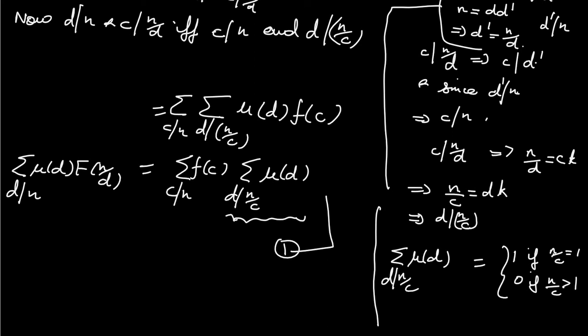Why? Because we have this relation: the summation of mu of d, where d runs over the divisors of n, which we have proved, is equal to 1 if n is equal to 1, and 0 if n is greater than 1.